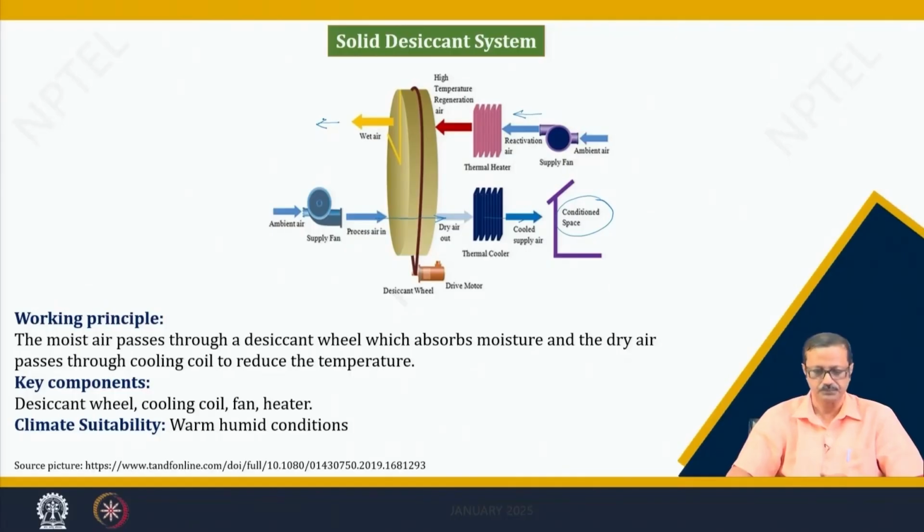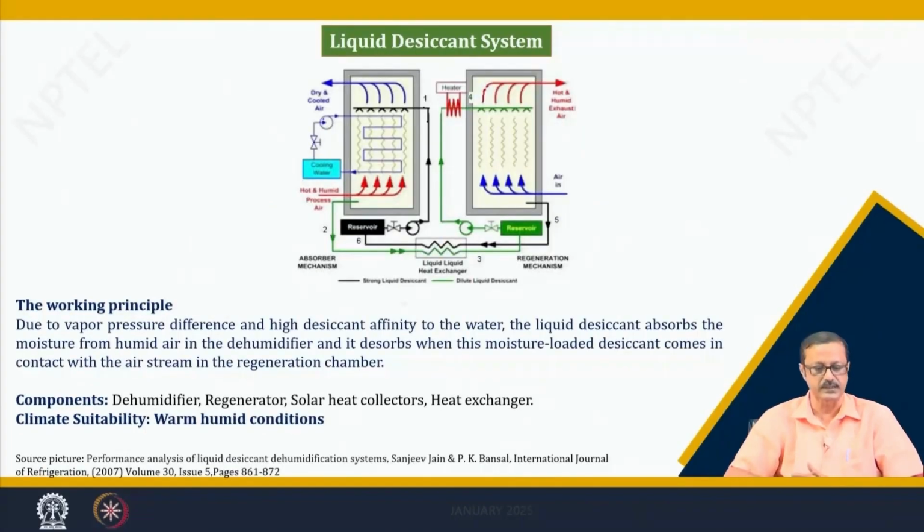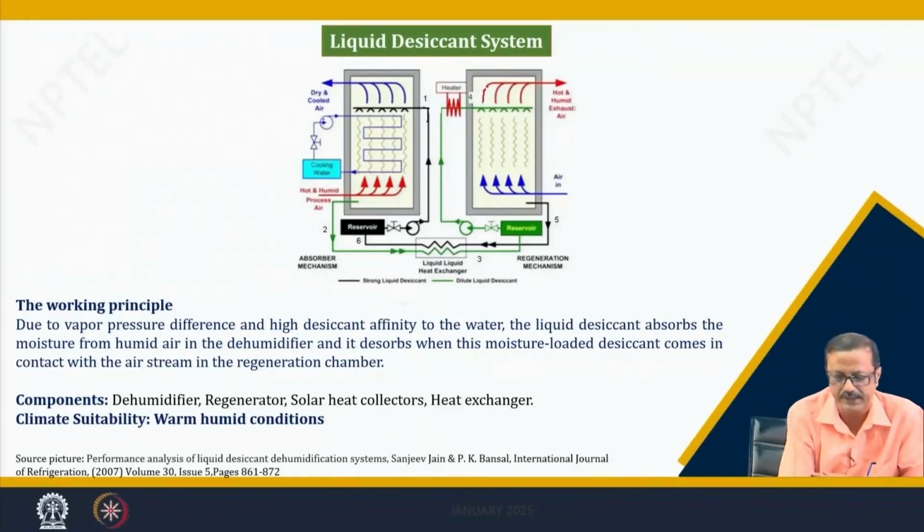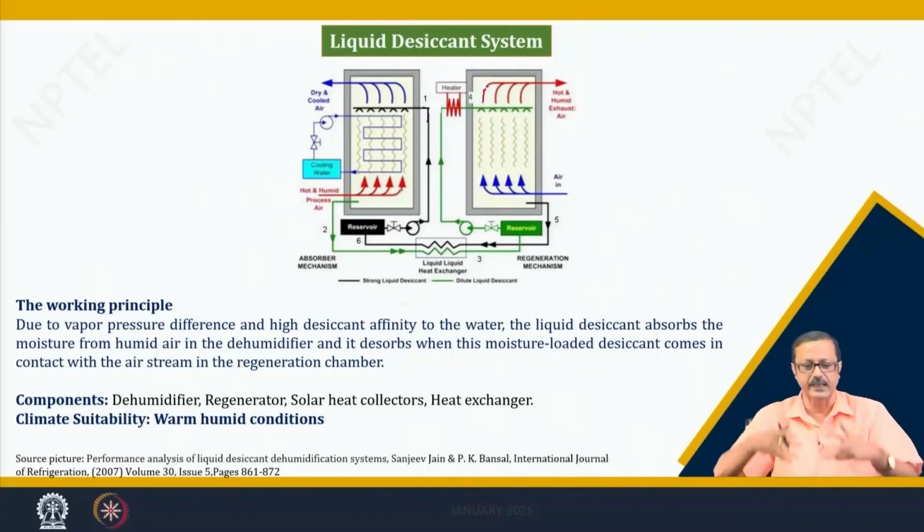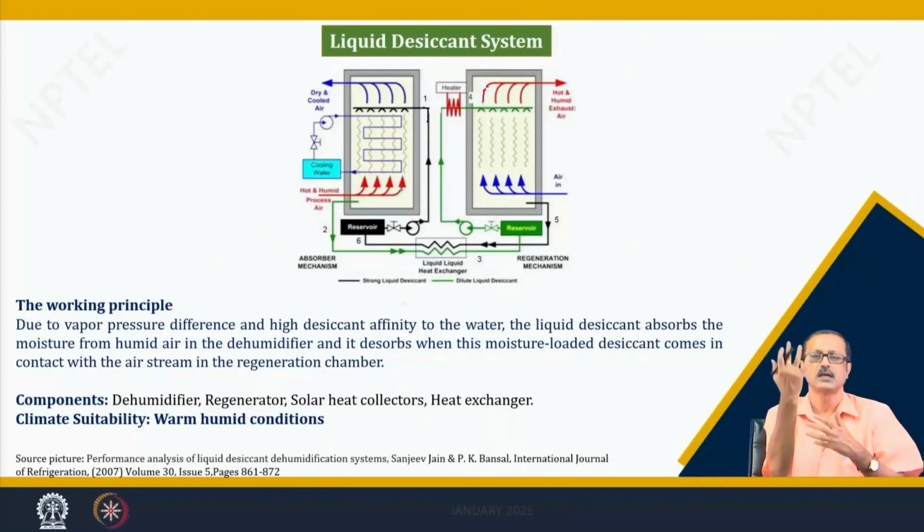The next one is the liquid desiccant system. In the liquid desiccant system, this is a little bit complex. There is a cycle of the liquid desiccant. If I take hot and humid air here, as in these red arrows, it will go up, and there is a thermal exchanger through which it will be cooled down, and the liquid desiccant will spray from the top to bottom, and from the bottom the air will pass through.